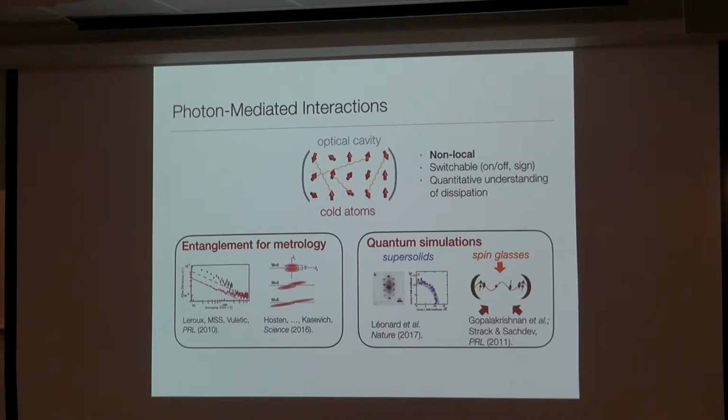Non-local interactions in cavity QED systems have been used in beautiful experiments realizing supersolidity. They've been envisioned as a potential tool for studying spin glass physics, not yet experimentally realized. So this is a well-studied area that we started to think we could take in a new direction, generating this kind of non-local hopping.